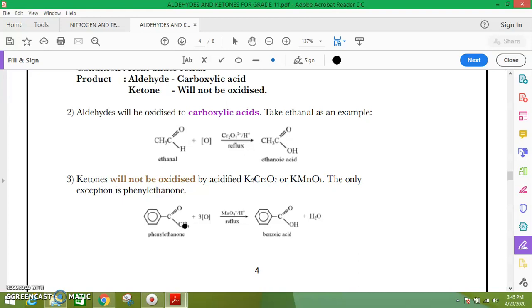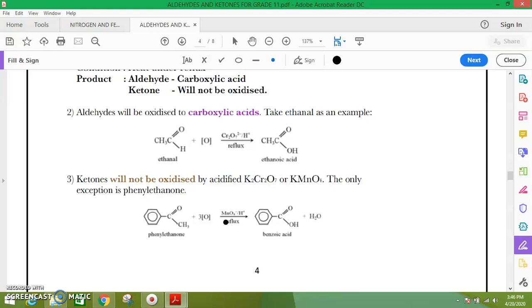We add oxygen with hydrogen, and then we remove carbon from here with a water molecule. So you can write CH3OH also here, or only a water molecule. So we can oxidize only phenylethanone by using the oxidizing reagent KMnO4, but other ketones will not oxidize.